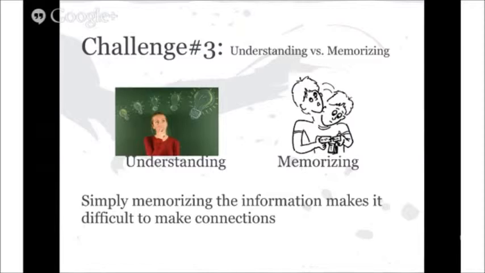The learner needs to be engaged. Simply telling students the information they need to know limits their ability to internalize the knowledge, therefore limiting their ability to transfer the knowledge. It is also challenging as a teacher to ensure that students are constantly understanding the information that is being presented to them rather than simply memorizing it.